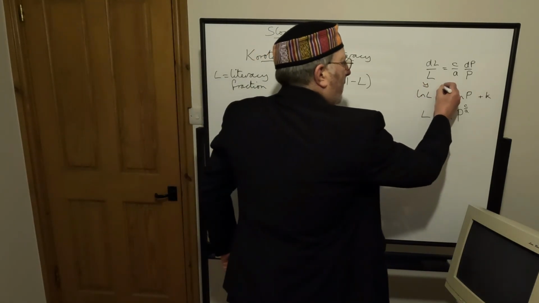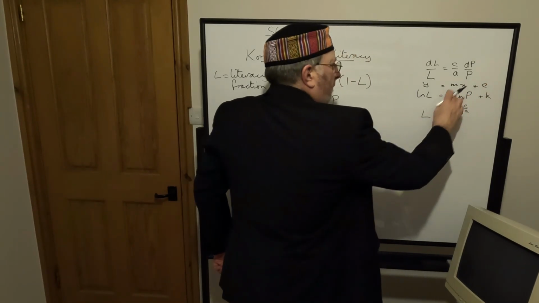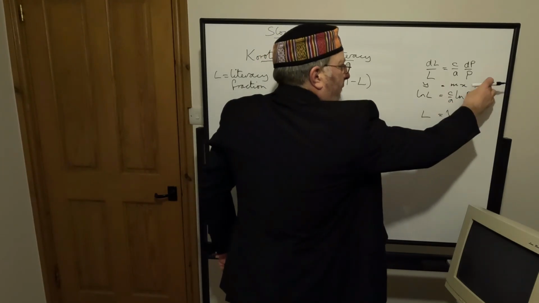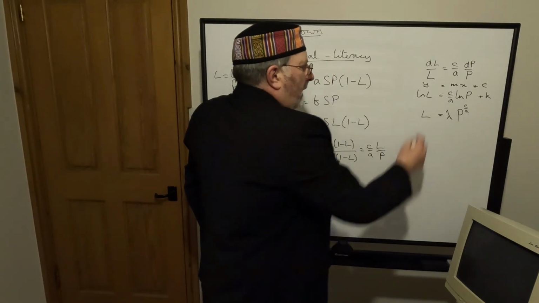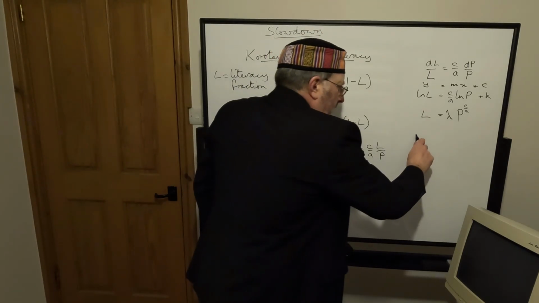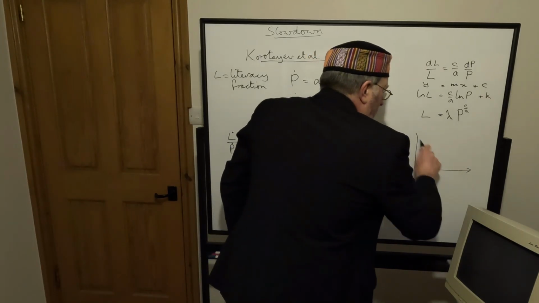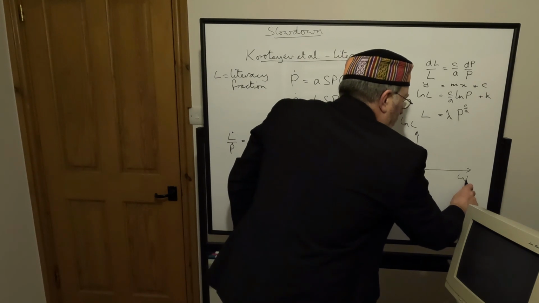This is like y equals mx plus c. So that's the C over A is the slope of the line, that's x, that's y, and plus the constant, the y-intercept.